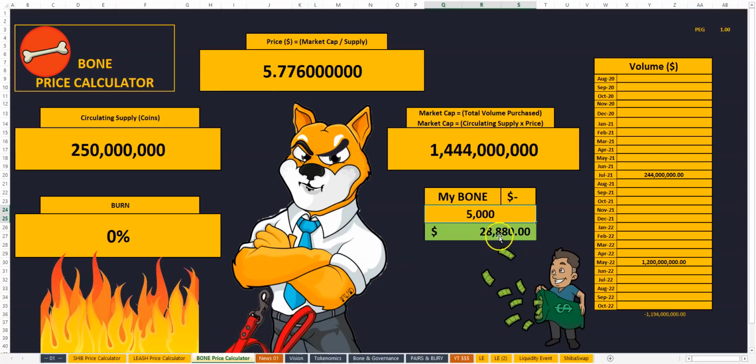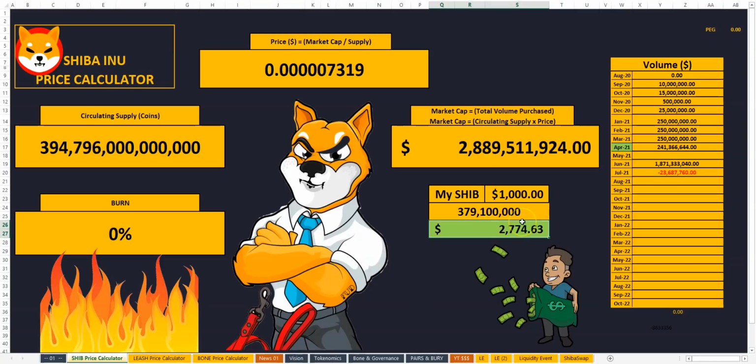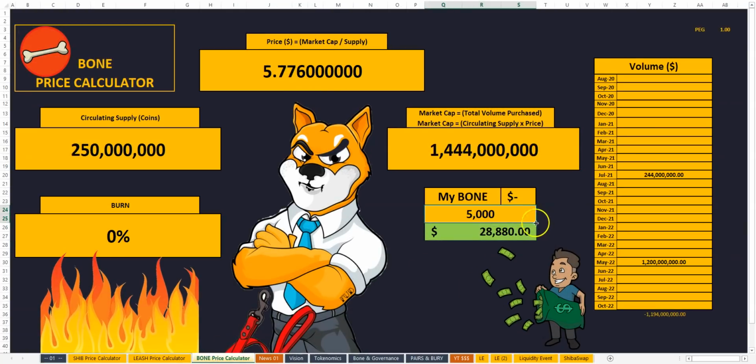Now, for many of you, this is more than you have even invested already into SHIB. Many of you have invested in a lot less amounts. But if you're able to get your hands on bone, as you can see, hopefully that helps you see the reward. I've shown you my position already. Let's jump straight into the liquidity event.